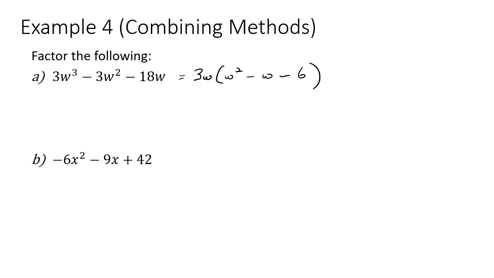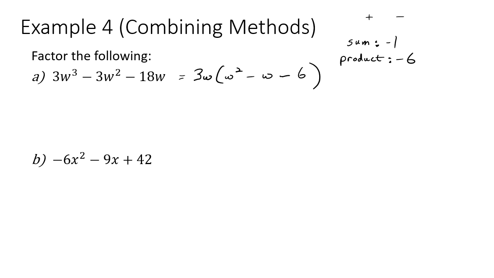So we would be looking for, if we wanted to factor this, two numbers that add up to the coefficient of the first power term, or a minus 1 in this case, and that multiply, because there's no coefficient in front of the w squared, to give us negative 6. And so two things that multiply to give 6, the product's negative, so the signs are different.